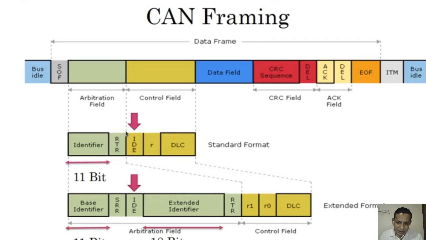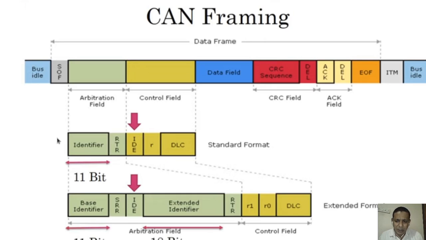So the change is here in the control field as well as in the RTR field. No other change. CRC, ACK, all these fields have the same values in both the standard frame format and the extended format. So this is regarding the CAN frame format.